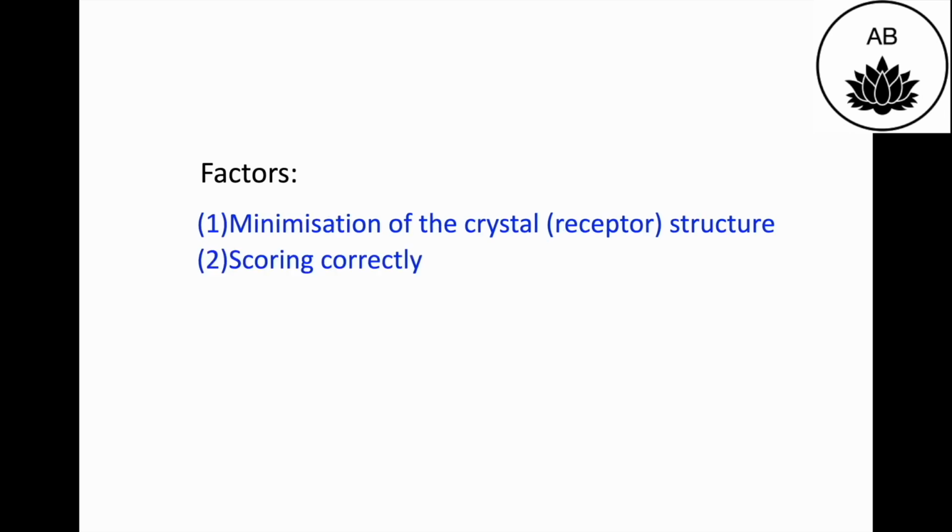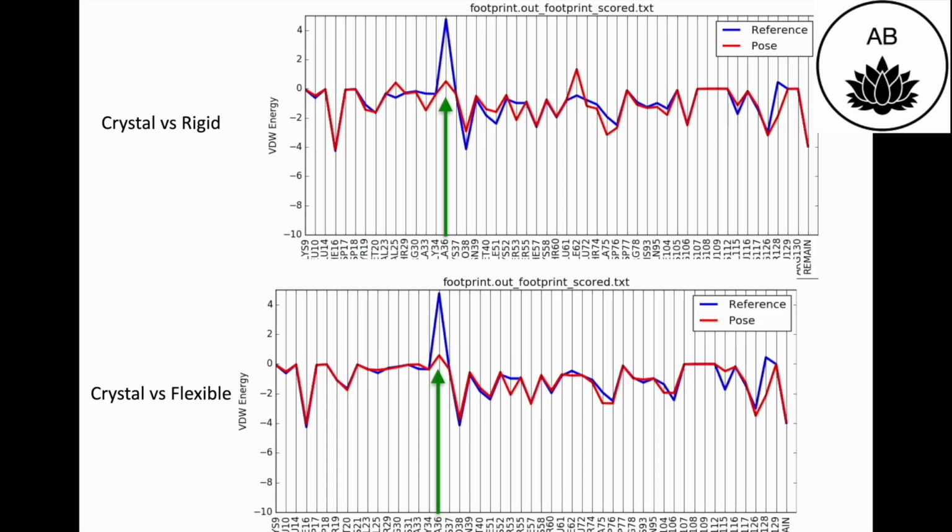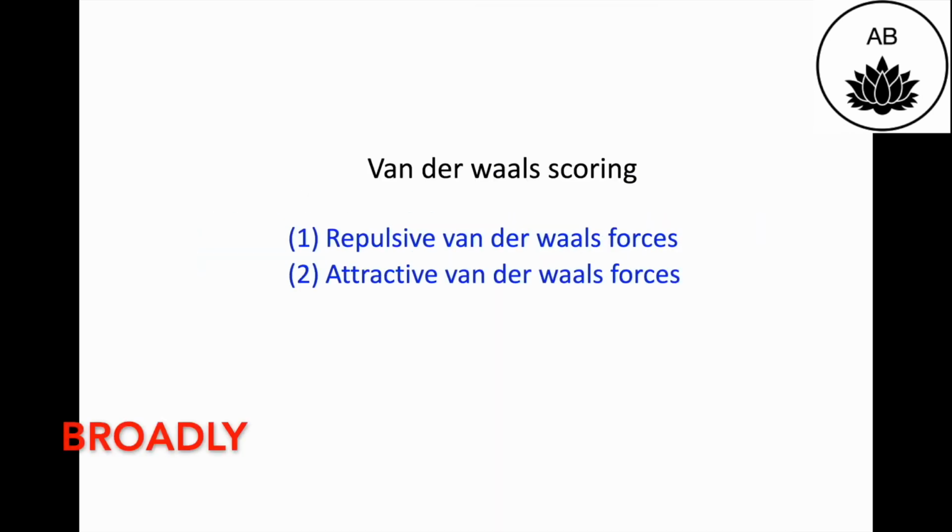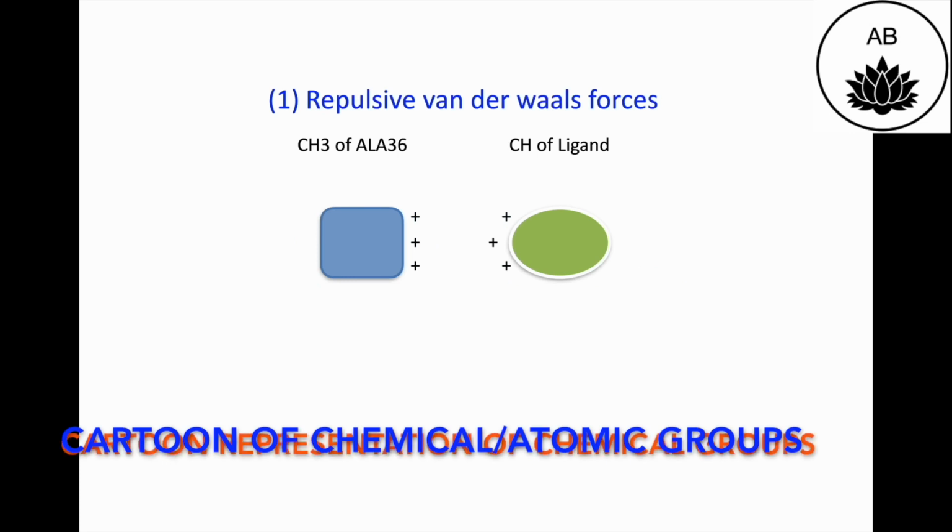The second factor is scoring correctly. So what do I mean by scoring correctly? Let's say here I'm talking about the van der Waals energy in particular. Van der Waals scoring is dependent on factors such as repulsive van der Waals forces and attractive van der Waals forces. Repulsive van der Waals forces are when the fluctuating polar charges repel each other, say, for example, CH3 of ALA 36 and the CH of the ligand.